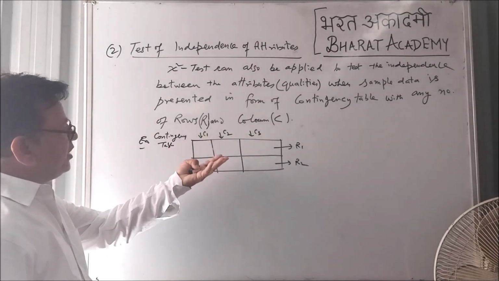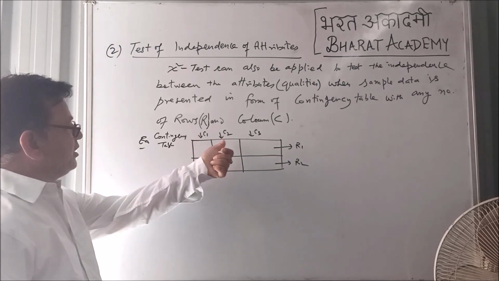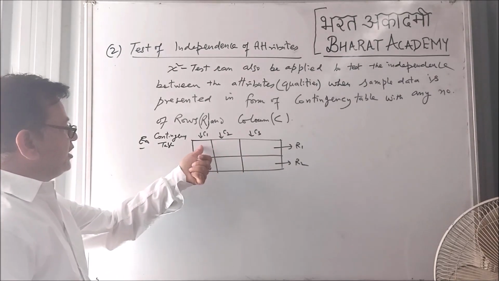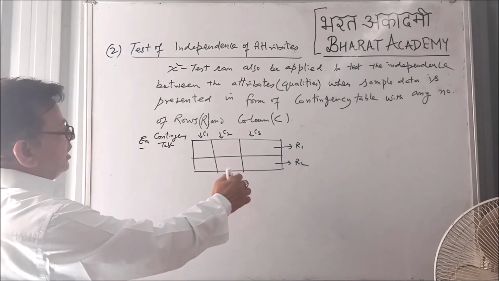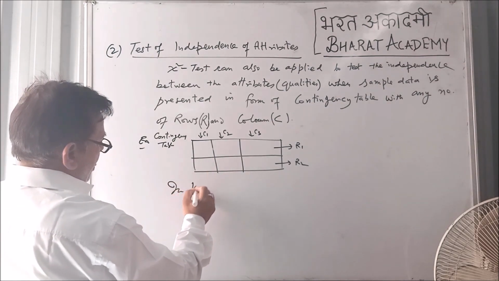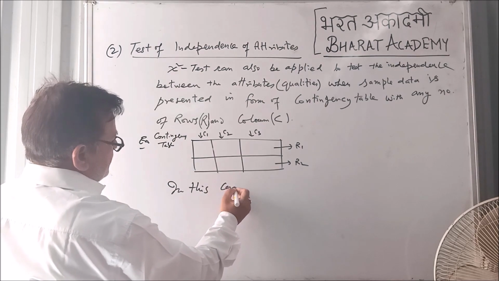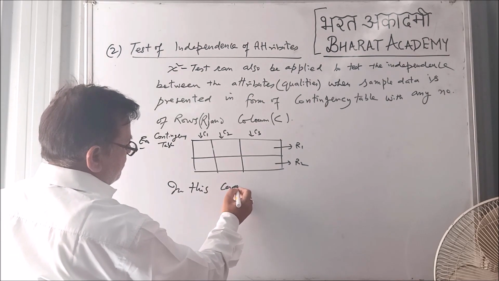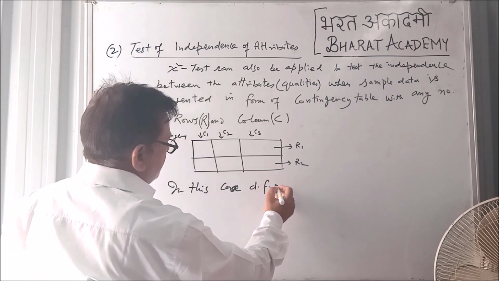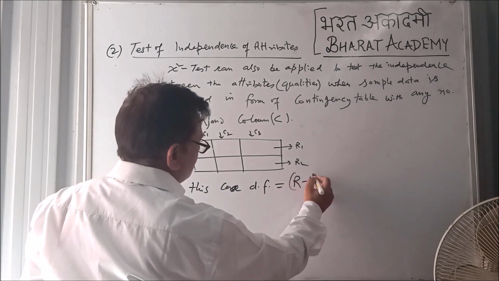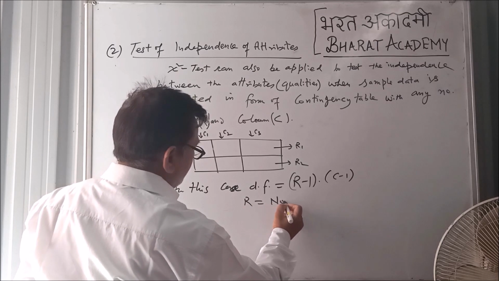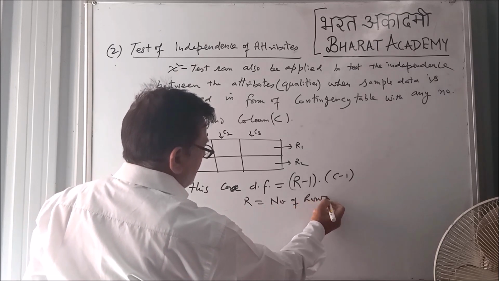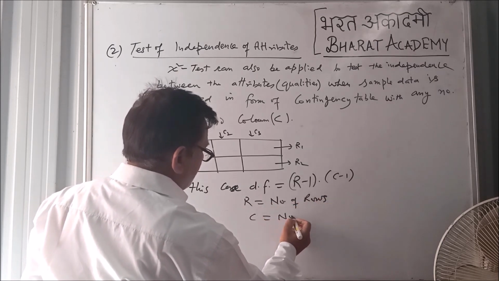If the sample data are given in this contingency table, these are called cells. If the frequencies are put in the cells, then in this case degree of freedom is given by (r minus 1) into (c minus 1), where r is the number of rows and c is the number of columns.